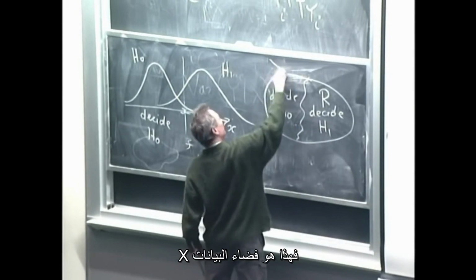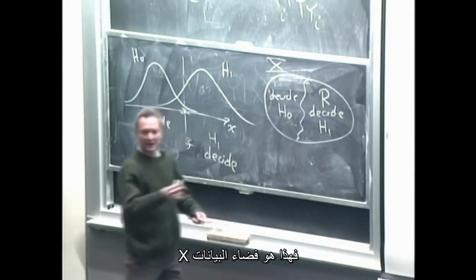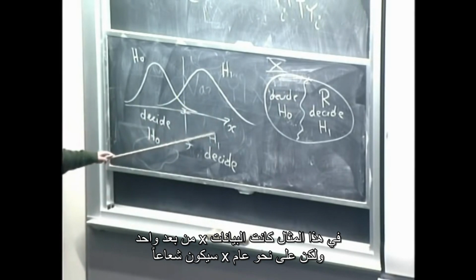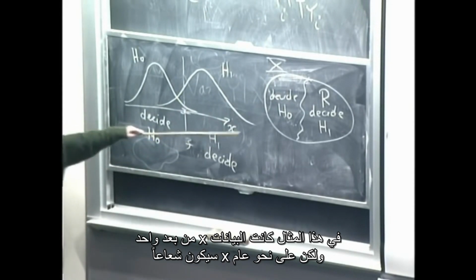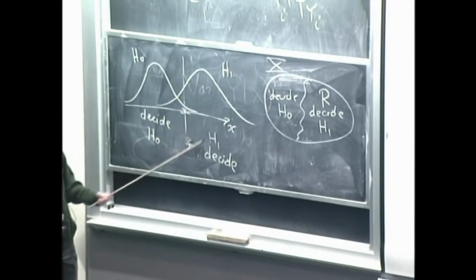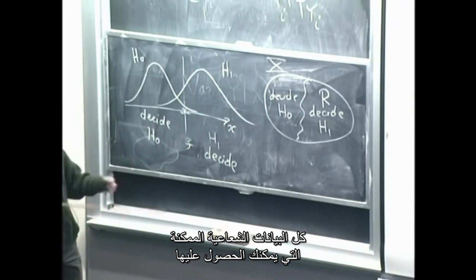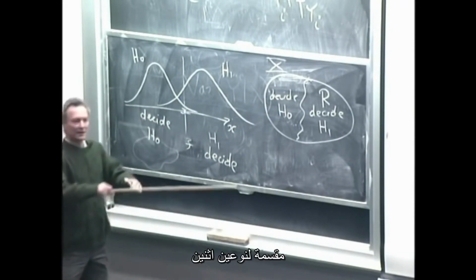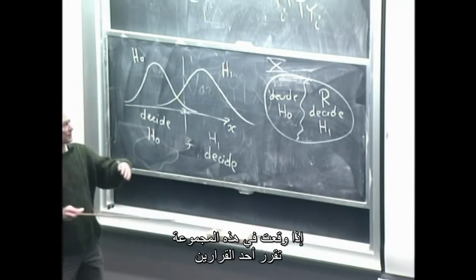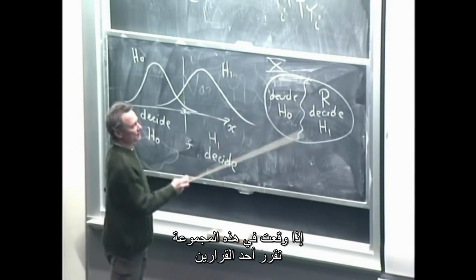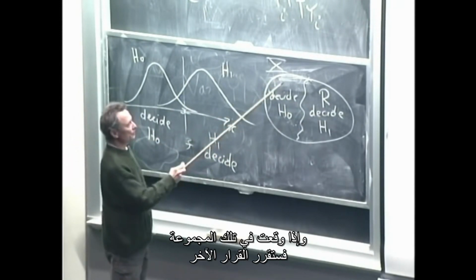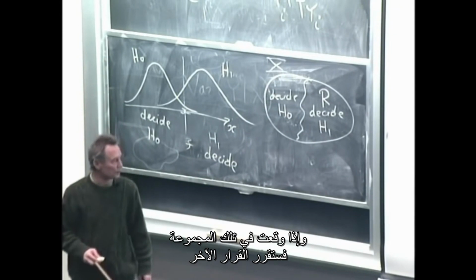So this is the X space of your data. In this example here, X was one-dimensional, but in general, X is going to be a vector. All the possible data vectors that you can get, they're divided into two types. If it falls in this set, you make one decision. If you fall in that set, you make the other decision.